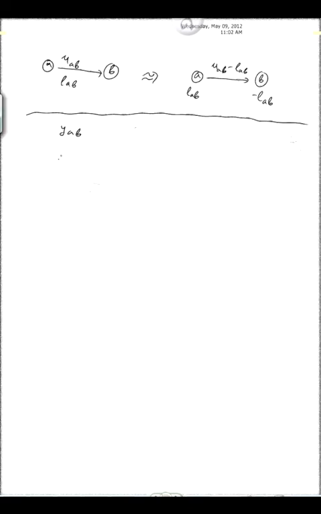It has to be bigger than or equal to its lower bound, less than or equal to its upper bound, and it's also involved in the network flow constraints for A and B, which look like this. So those are the 4 constraints that this variable is involved in.